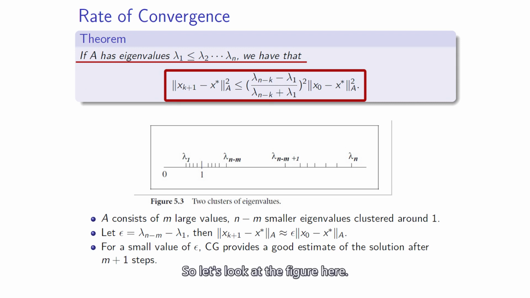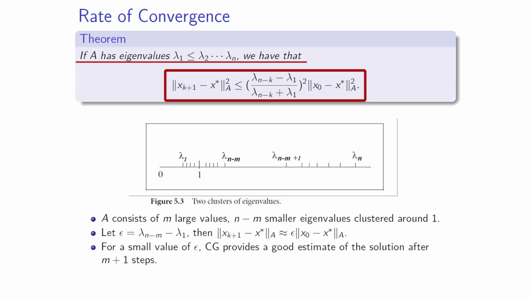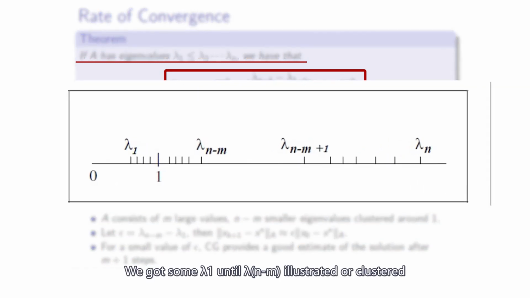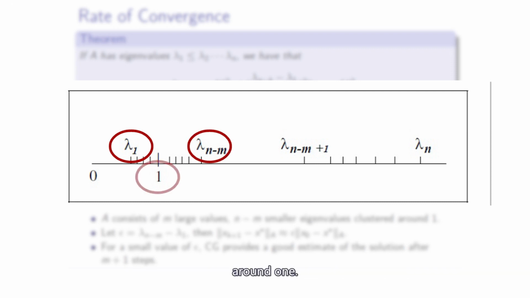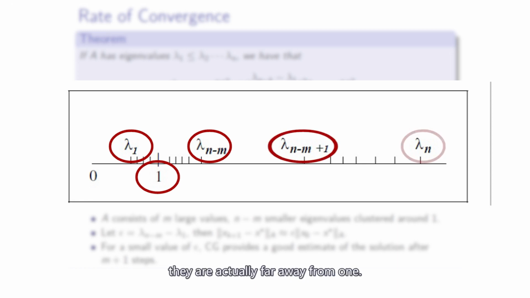Okay, so let's look at the figure here. We have lambda 1 until lambda n minus m clustered around 1, and for the other eigenvalues, lambda n minus m plus 1 until lambda n, they are far away from 1.